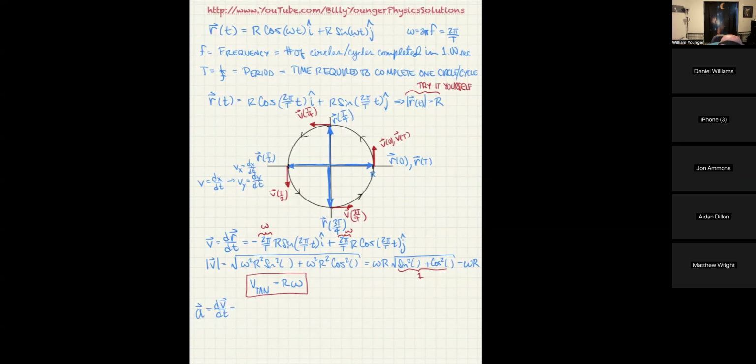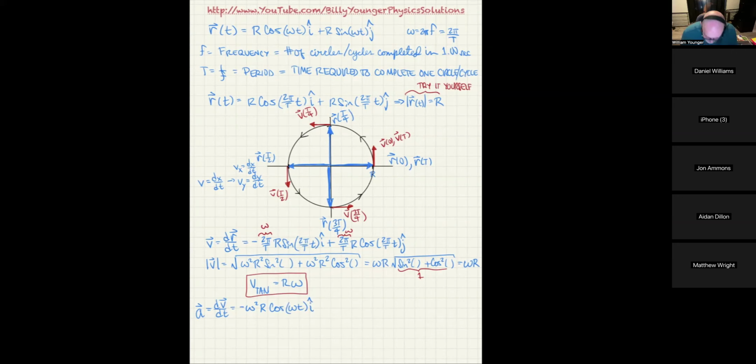So the negative is just going to stay there, but it's going to cough up another omega, because I have to take the derivative of sine, which is cosine, and then I have to take the derivative of omega t with respect to t. So instead of just having negative omega, now I'm going to have negative omega squared times r times cosine of, and I'll write it as omega t just to make it easier to write, i hat.